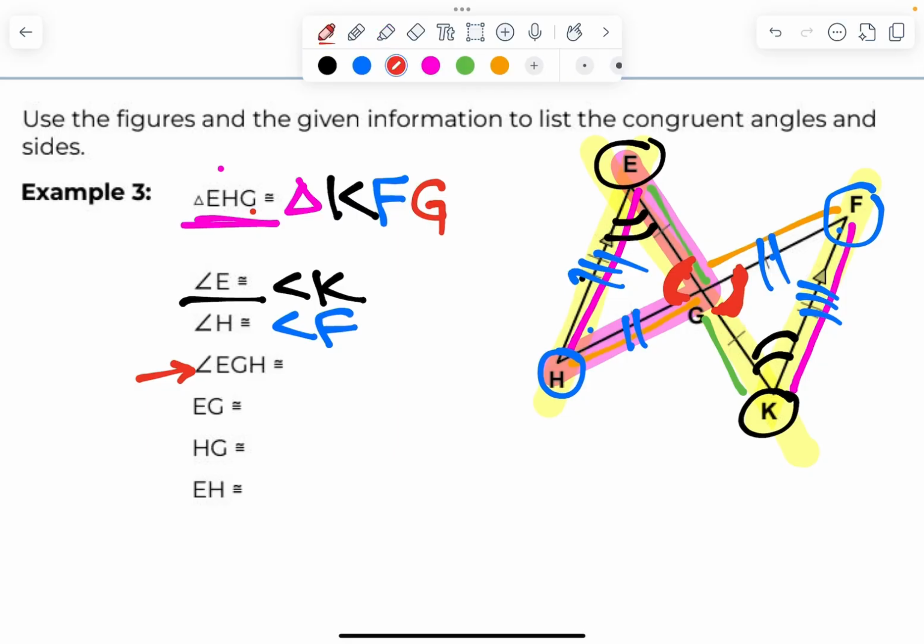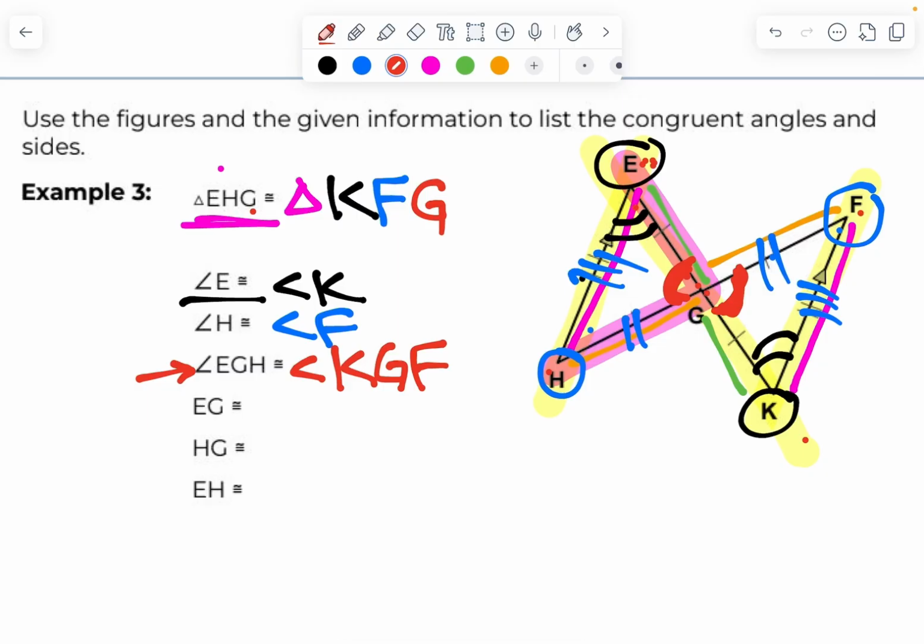So we're going to use that same idea. Starting at E, that was the one with the black circle, so we're going to start at angle K, then we're going to go to G, and then we're going to go back out to F. So it's going to go in the same order. So here we started black to the red angle to the blue, and then we do the same thing, black to the red angle to the blue. We're going along the same order.